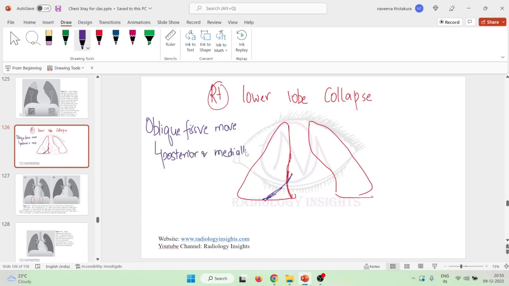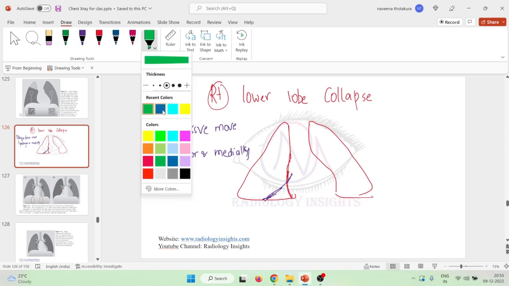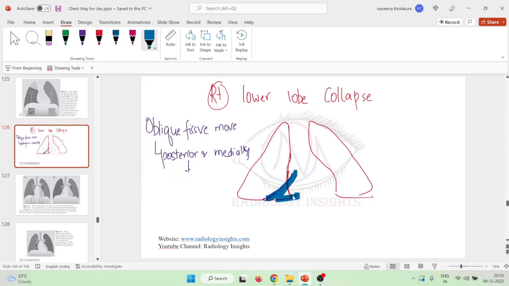Because of this, a triangular type of defect is seen here. So this will result in a triangular density seen projected over the heart because of this right lower lobe collapse.